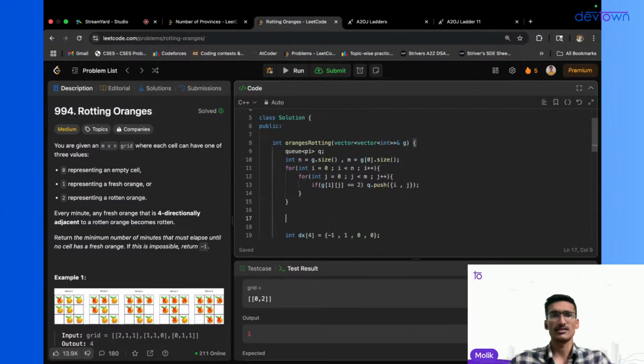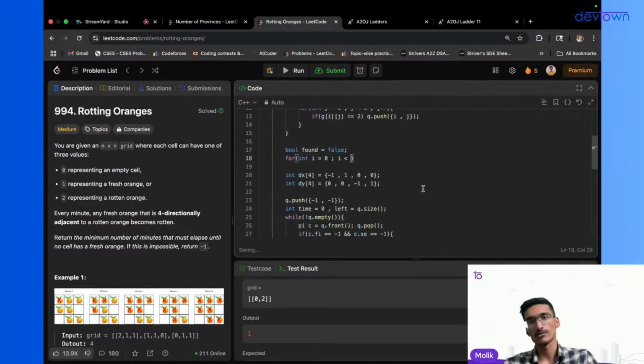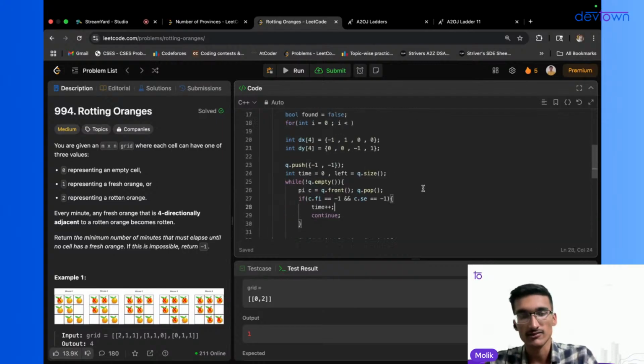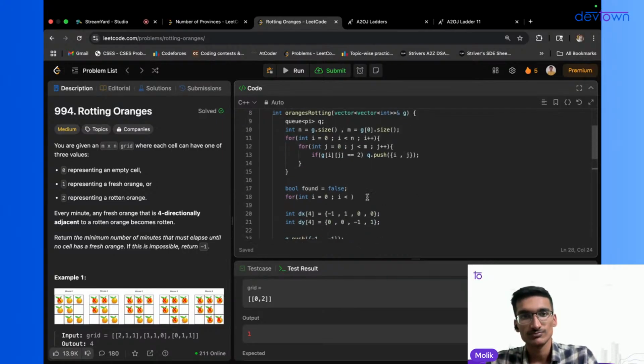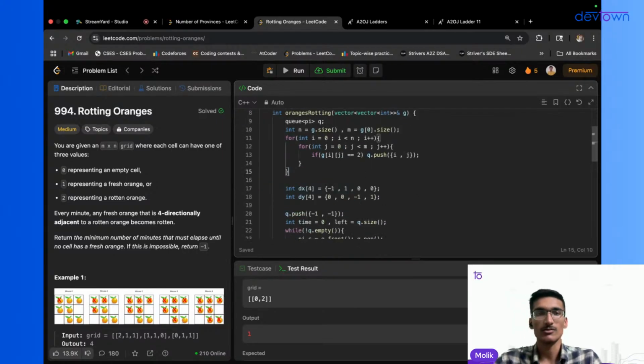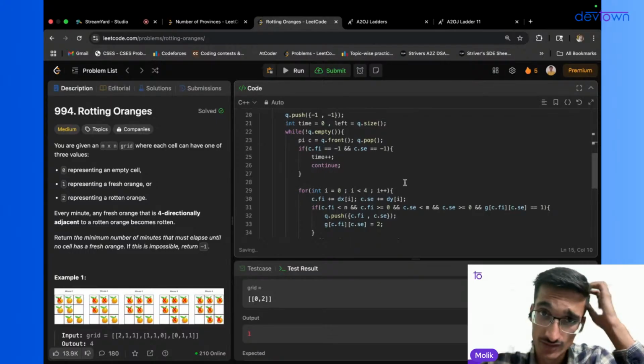And that edge case can easily be handled like this. If all the oranges are rotten at the first glance itself, maybe we can just modify our BFS function.